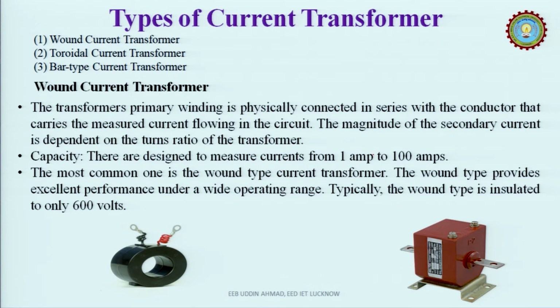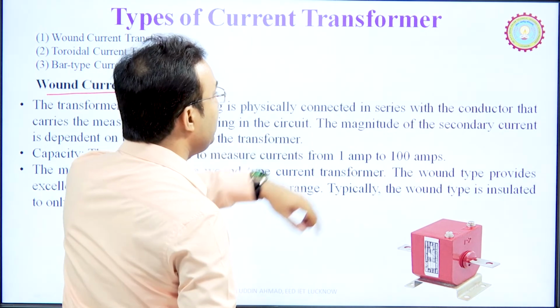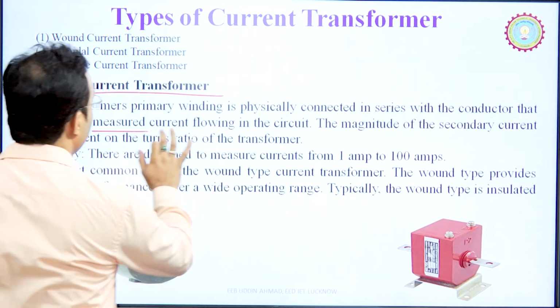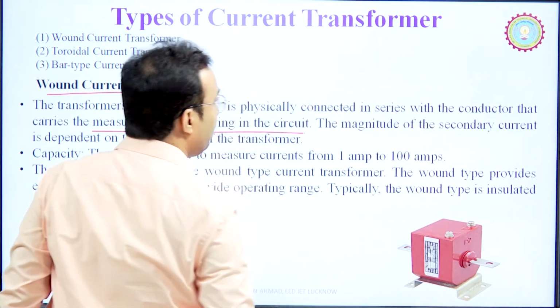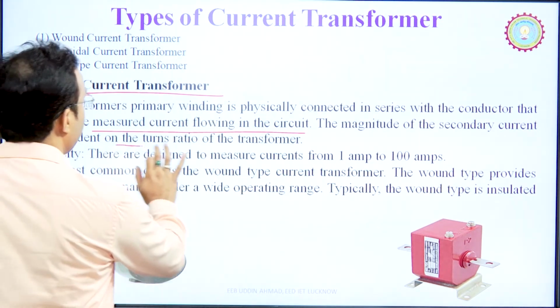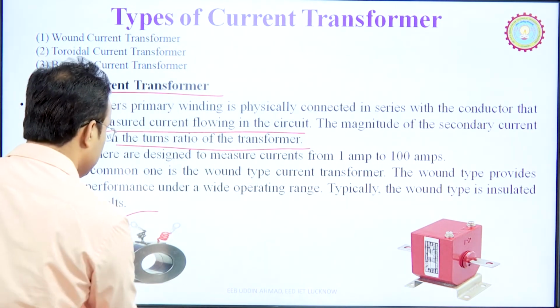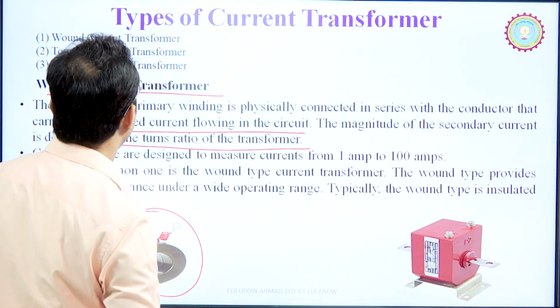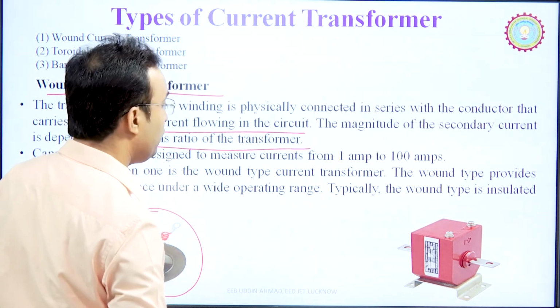We have the wound type current transformer. The transformer primary winding is physically connected in series with the conductor that carries the measured current flowing through the circuit. The magnitude of the secondary current depends upon the turns ratio of the transformer. So, this is the picture of the wound type current transformer.